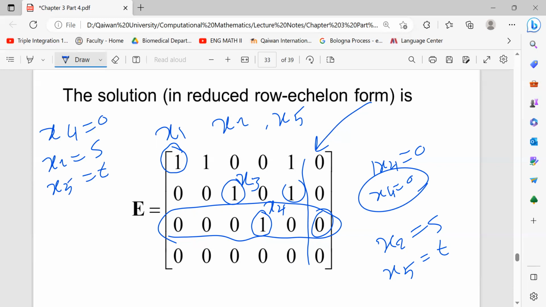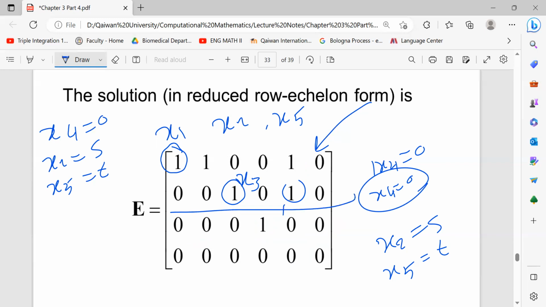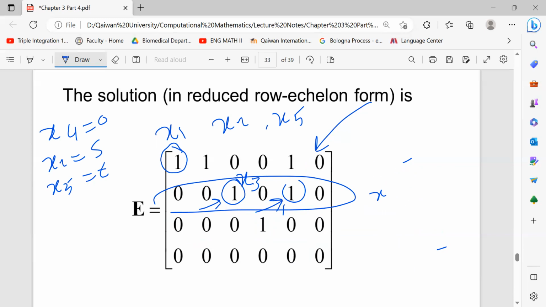How about x3? Where do we have x3? We have it in the second row. Okay? x3 plus x5 equals 0. What's x5? It is t.